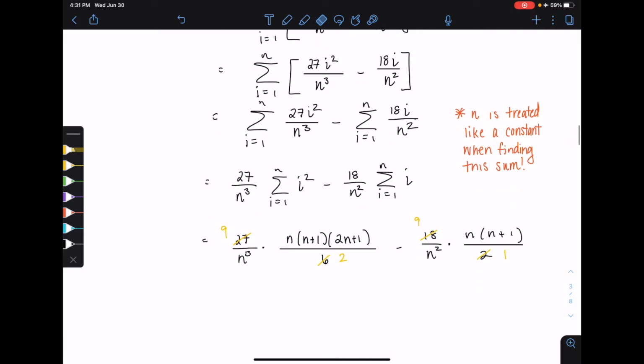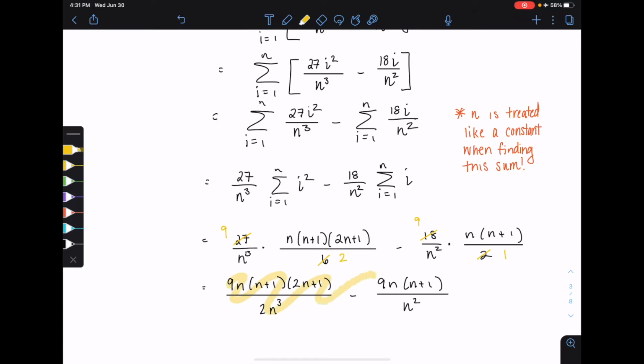So ultimately, if you go ahead and just distribute that 9, you'd get 9 times n plus 1 times 2n plus 1. In the bottom, you've got 2n cubed. And for that second expression, it's 9n times n plus 1 over n squared. So again, what this tells you is over the interval from 0 to 3 for this function, if I take 100 subintervals, I would plug in 100 here, and that would tell me the area of my approximating rectangles.